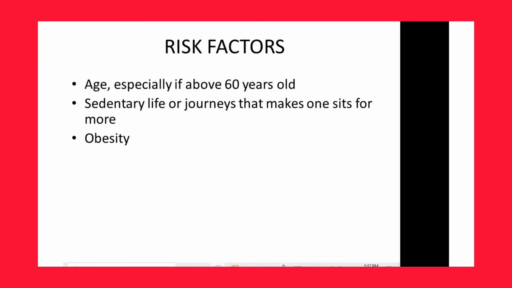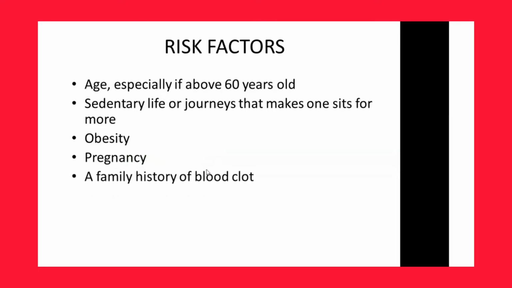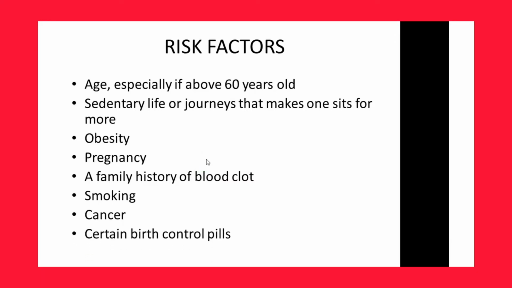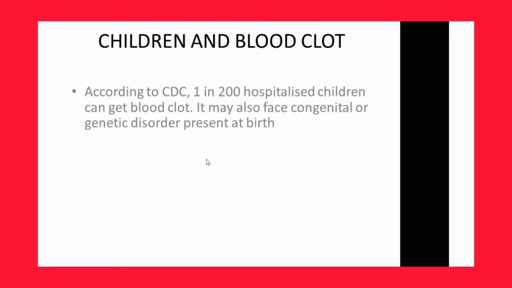Obesity, I've mentioned, is a risk factor because it predisposes one to this clotting. Pregnancy, you can see the positioning of the tummy and the baby. A family history of blood clots, smoking, cancer. These are all things that could be regarded as risk factors.